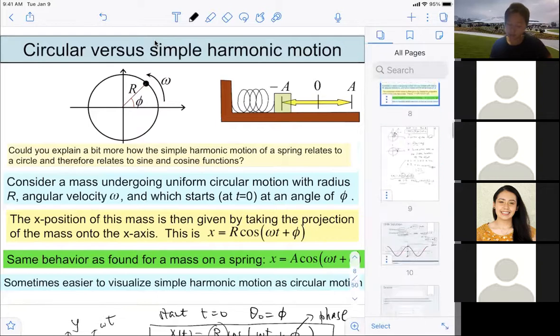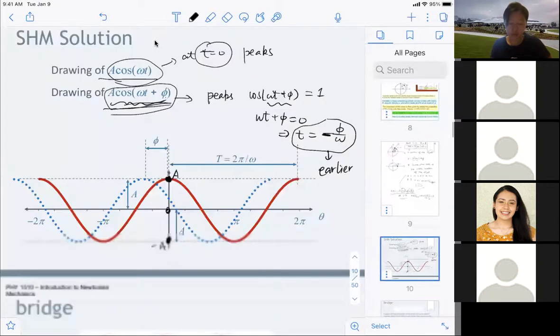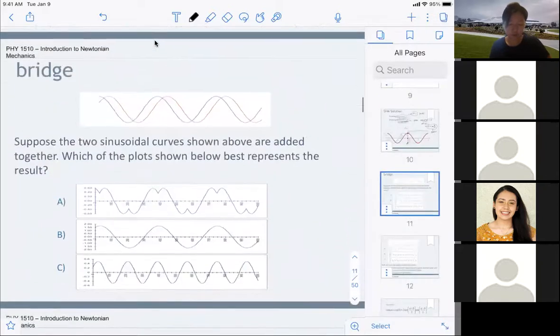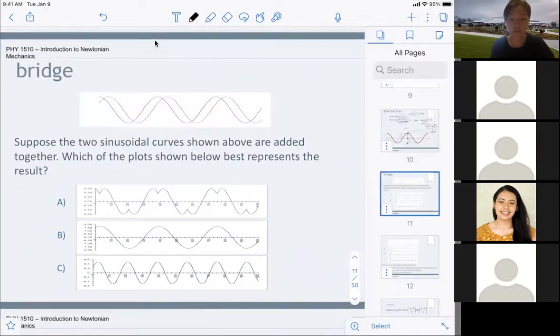All right. So why do we want to talk about how to draw it? There is a bridge question looking at the combination of two sinusoidal waves added together. The superposition of sinusoidal functions will be very useful later on.